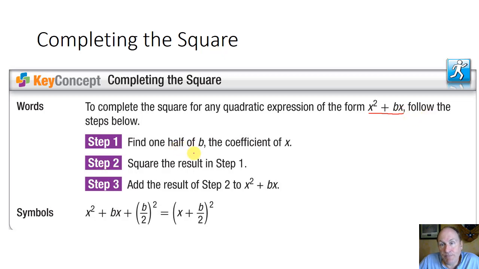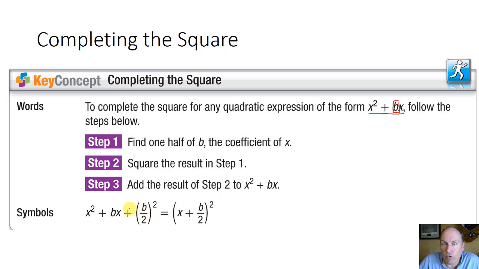The way we do that is by finding half of this b term and then squaring that. The reason for that is it works out with the distributive property of a binomial times itself. So step 1, find half of b and then square it. You're going to then add that result to the end and create a perfect square.